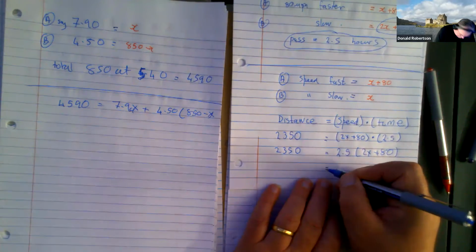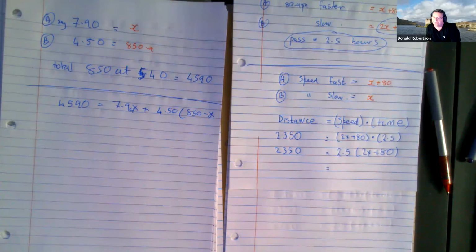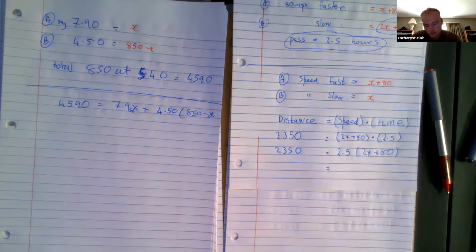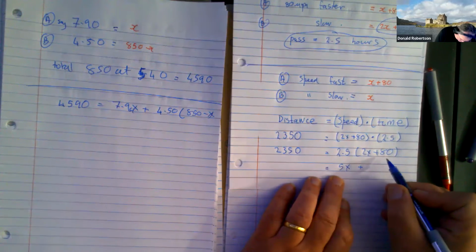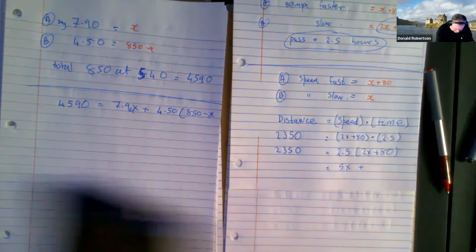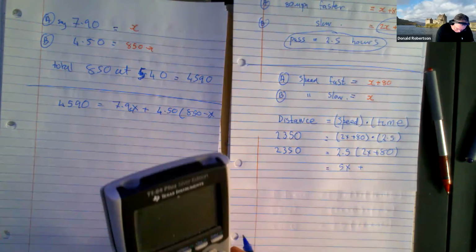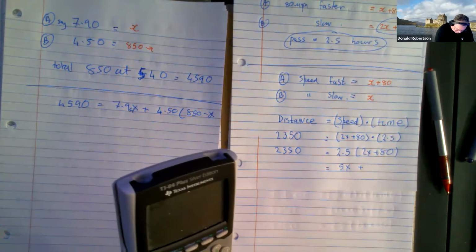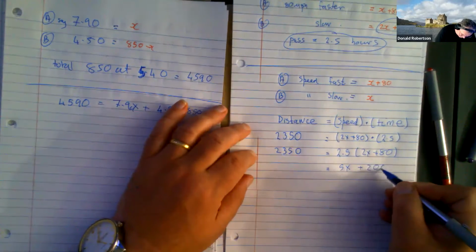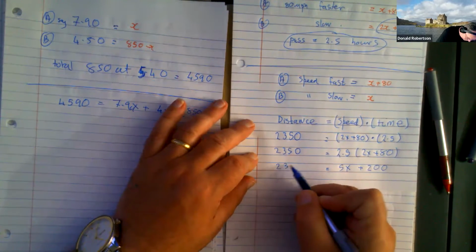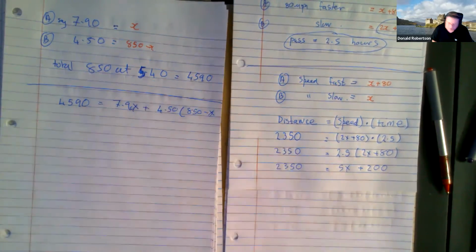What would you do next? Distribute. Okay, so you get 5x plus... No, I'm not doing that in my head. It's probably 200, but I don't want to check it. 2 times 80. Oh, it was 200. What do we do next?